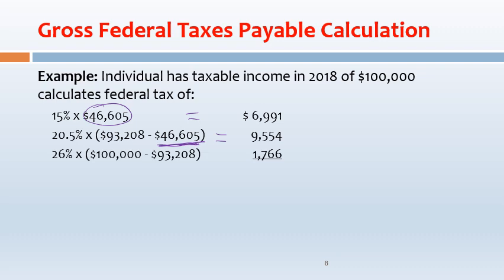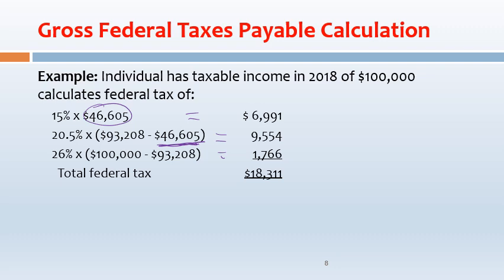We then have the remainder, the difference between $100,000 and the high end of that second bracket, 93,208, so about $7,000. We multiply that by 26%, which is our middle bracket there. It gives us $1,766. We add all those dollars up, and we have total federal tax payable of $18,311.